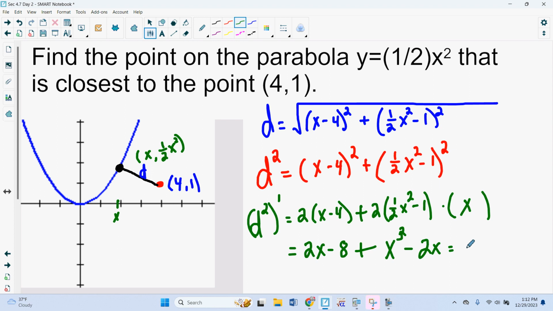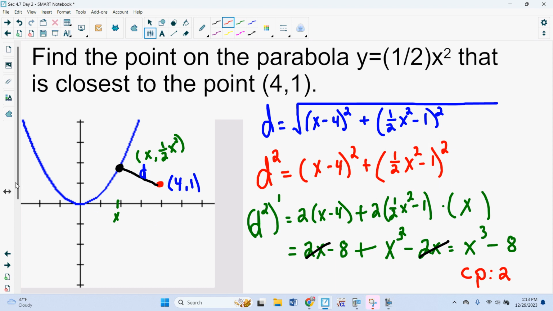So this becomes x cubed minus 8 as these two parts cancel out. So that tells me my critical point on the derivative of the distance squared is the cube root of 8. So that tells me my critical point is 2.